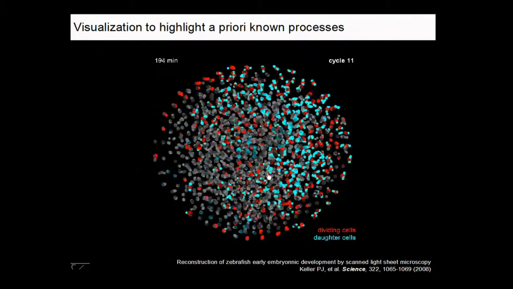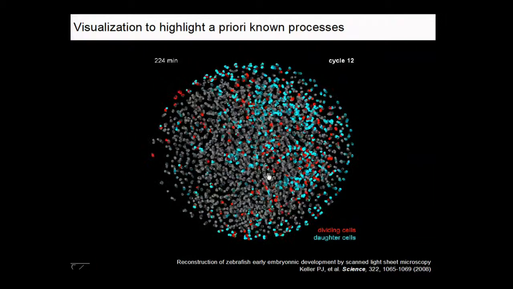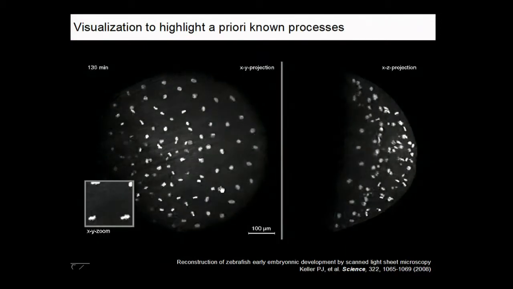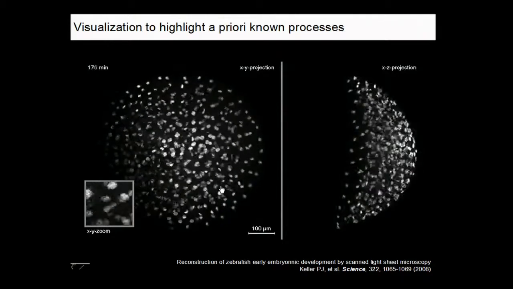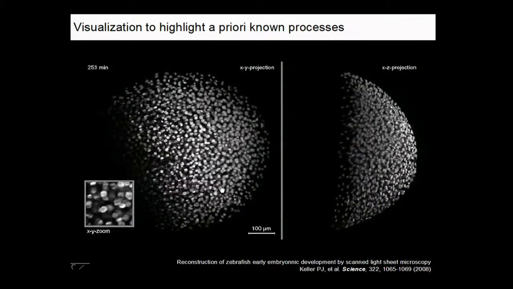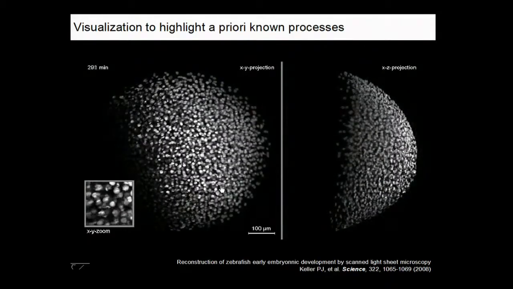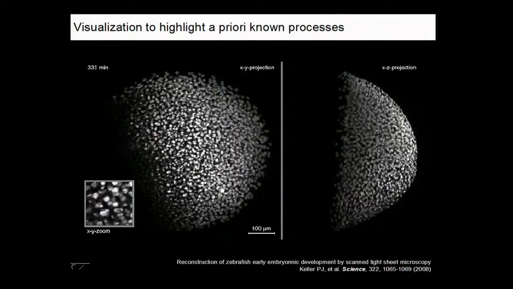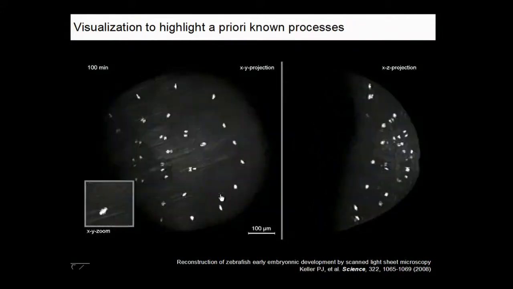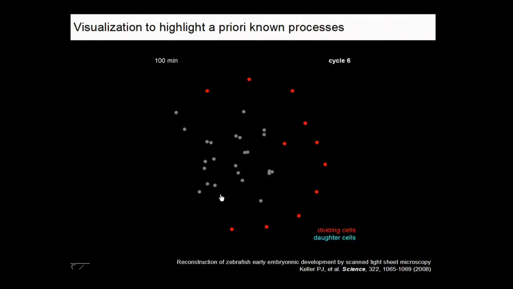But the difference is that here, if you go back to the raw imaging data and look carefully, you can see this wave already. It's also because at the beginning it's really at the surface of the embryo, and you don't have too many cells, so you can actually see the waves from the raw data. So in this specific case, the visualization tool is to highlight specific processes that we already know.